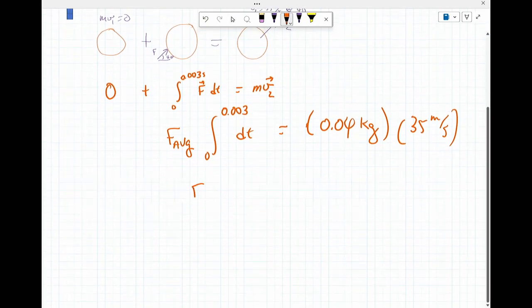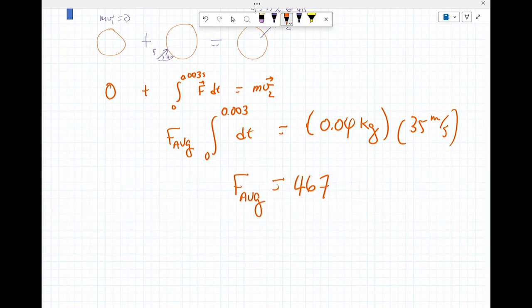Force average is equal to 467 newtons at an angle of 40 degrees with respect to the horizontal.